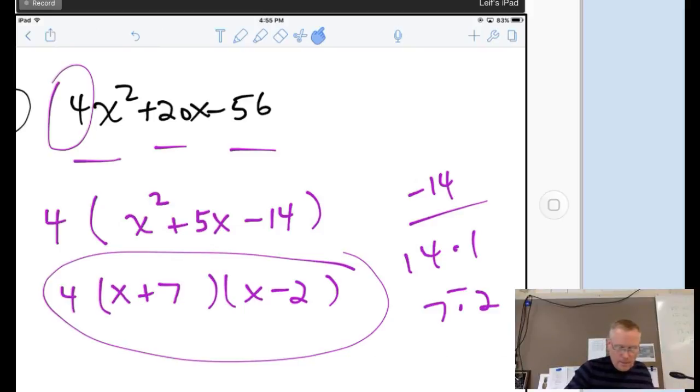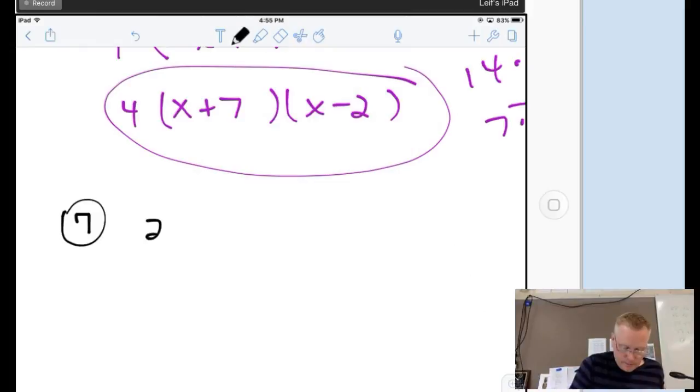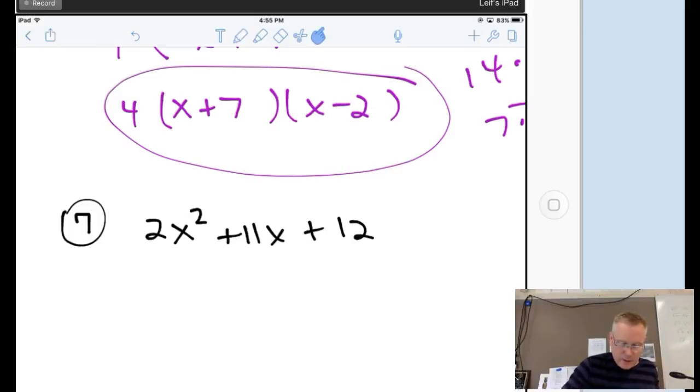All right, now here's number 7, and this is going to be where I'm factoring something with an a in there. And 11 is not divisible by 2, so that trick I did in the last one is not going to work.